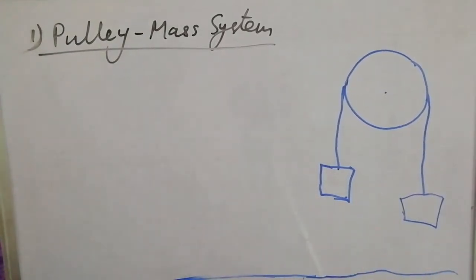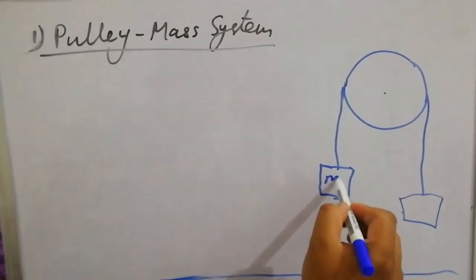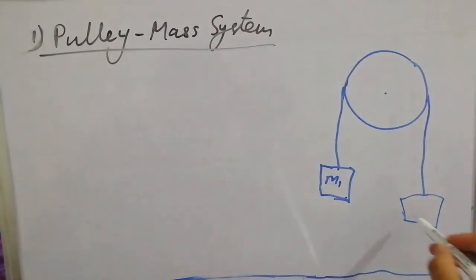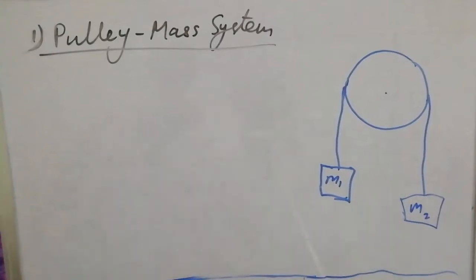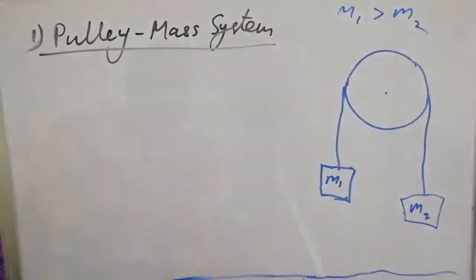Now suppose that this mass is m1 and this mass is m2. Let us say that m1 is greater than m2.